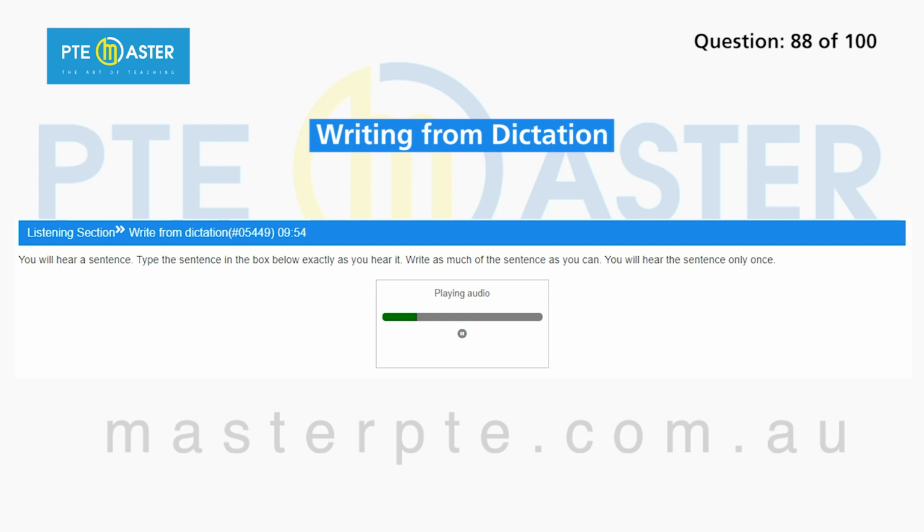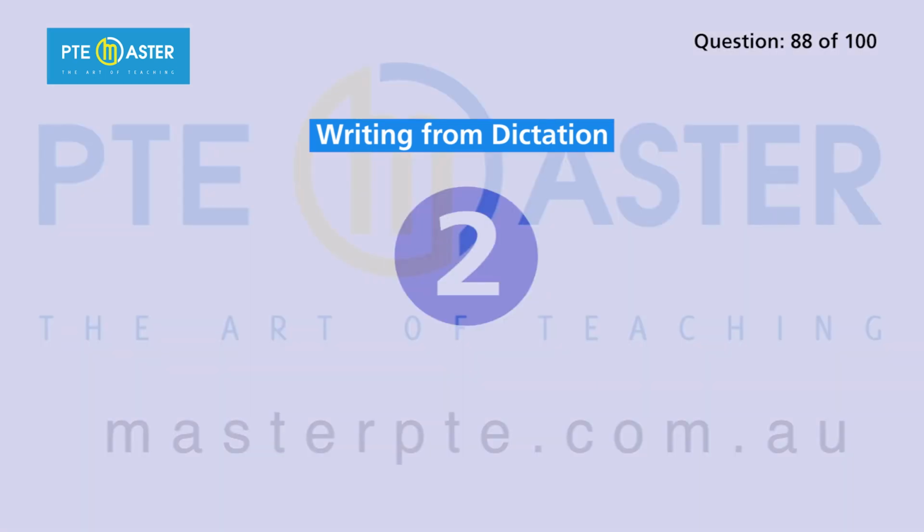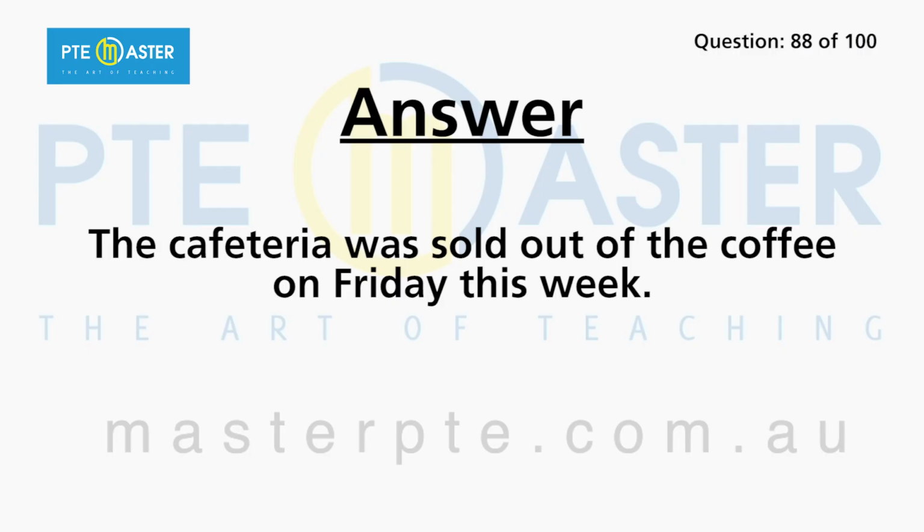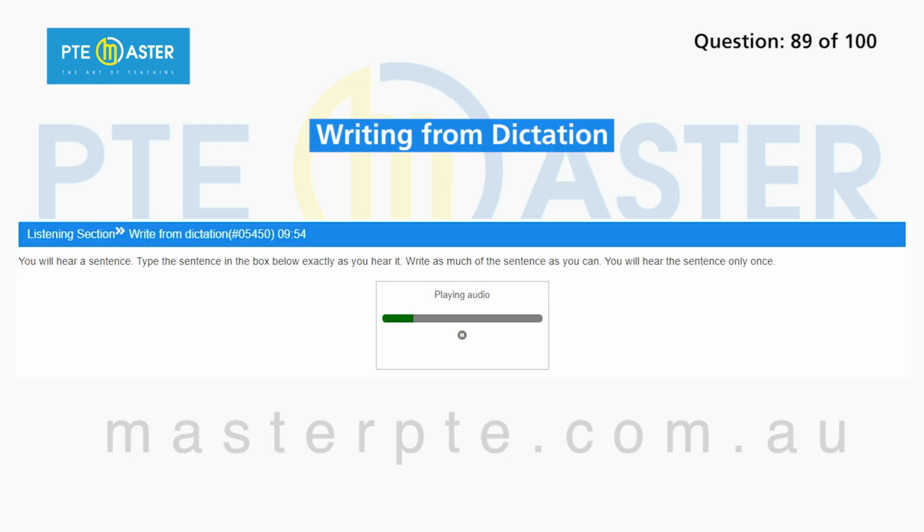The cafeteria was sold out of the coffee on Friday this week. The capacity of programming computers is expanding enormously every year.